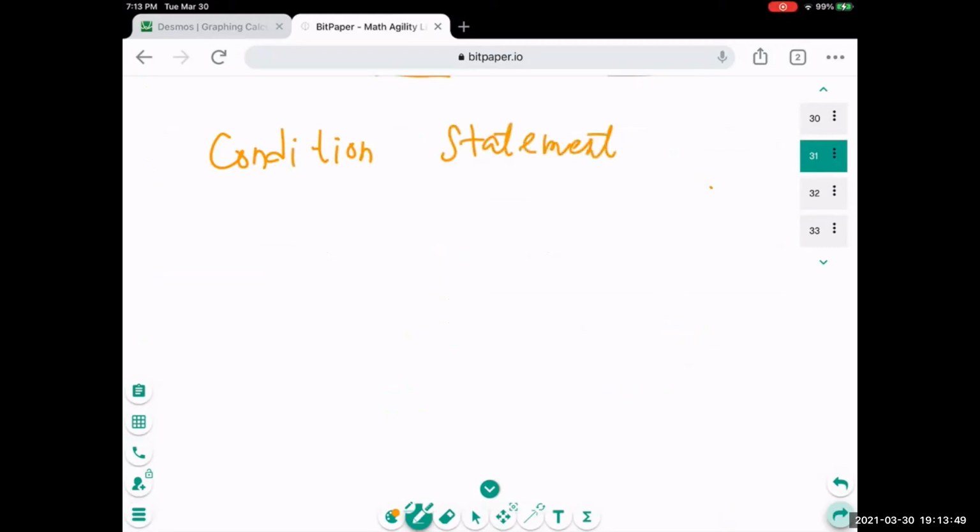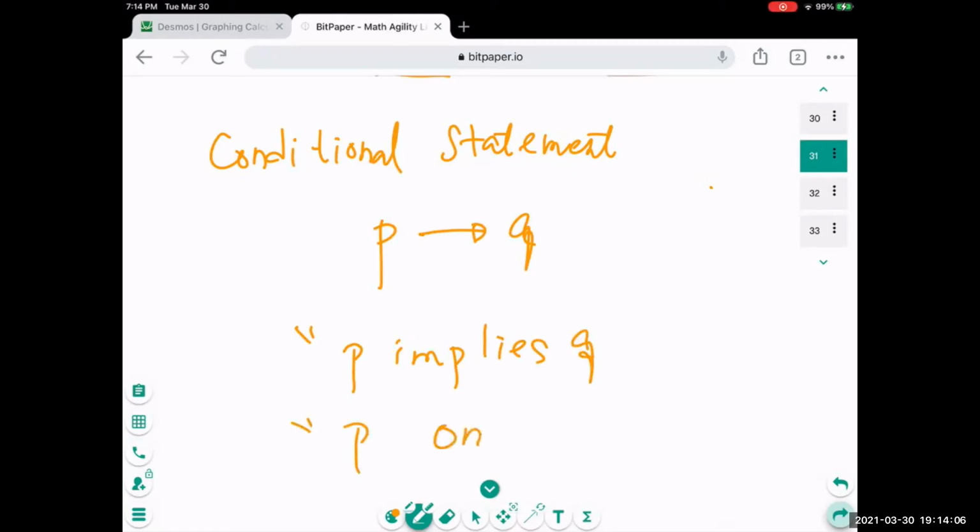So pag sinabi nating conditional P tapos may arrow na Q, so P implies Q. So meaning P implies Q or P only if Q. Yan yung ibig sabihin niya.